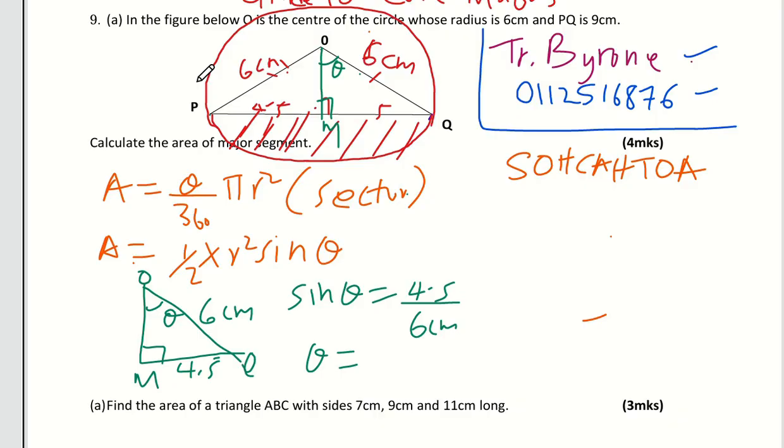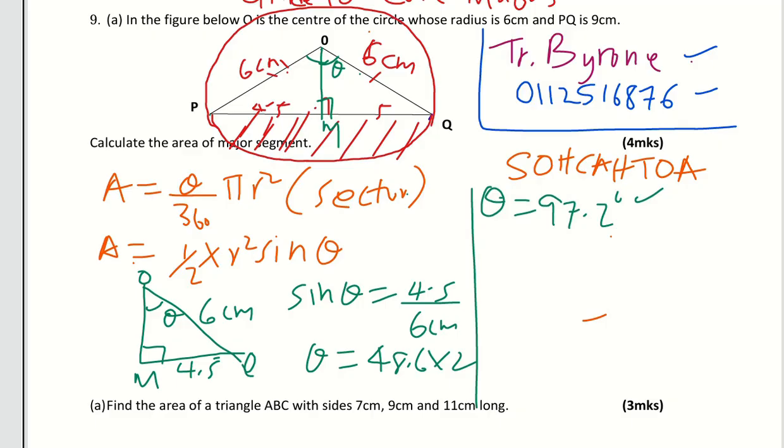Sine inverse gives us 48.59, which is 48.6, but that is only one part. Multiply it by 2, 48.6 times 2 gives you 97.2. So the angle subtended at the center is 97.2 degrees. So this is the angle that we'll use to find the area of the segment.